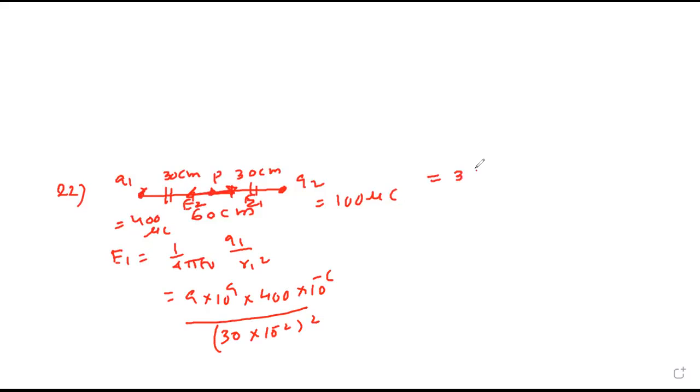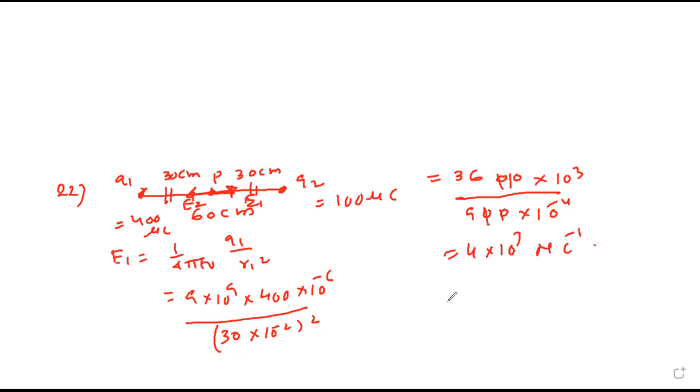This will become 3600 into 10 raised to 3 upon 900 into 10 raised to minus 4. Two zeros cancel. So it is 4 into 10 raised to 7 Newton per coulomb.